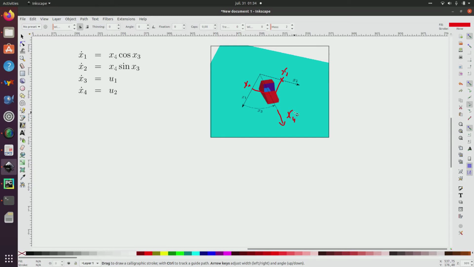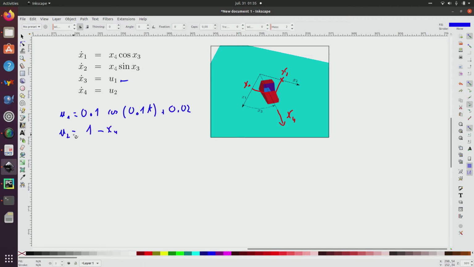So I have this state equation, and I know the expression for u1, it is given by 0.1 cosine of 0.1t plus 0.02. And for u2, it is given by 1 minus x4.